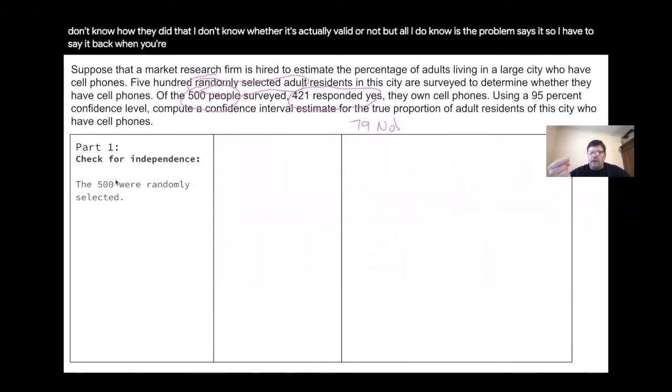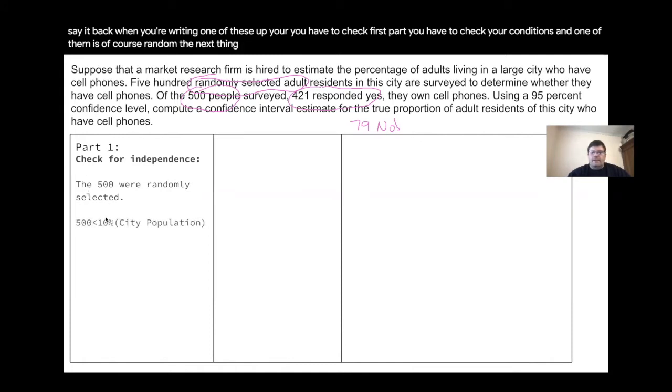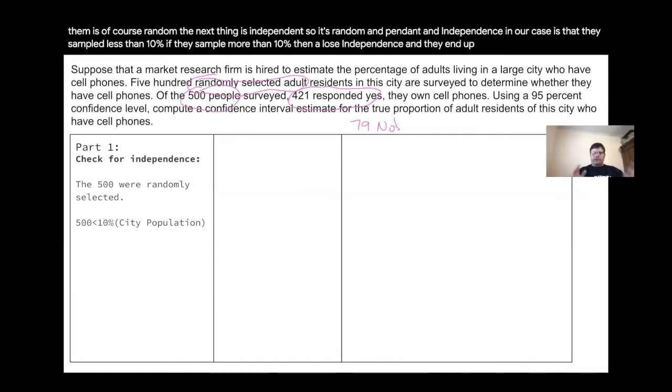When you're writing one of these up, first you have to check your conditions, and one of them is, of course, random. The next thing is independence. So it's random and independent. Independence in our case means they sampled less than 10%. If they sample more than 10%, they lose independence and start to overlap some traits.